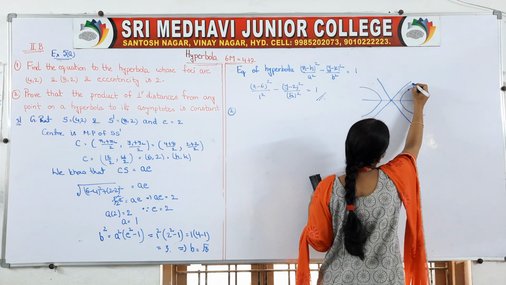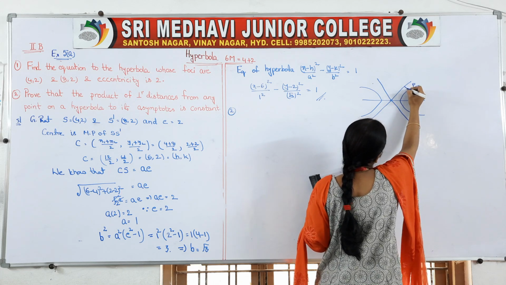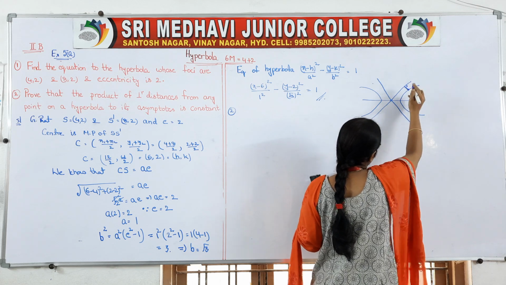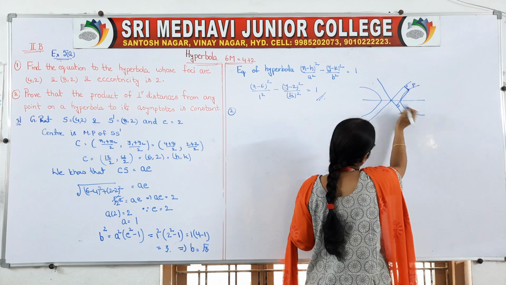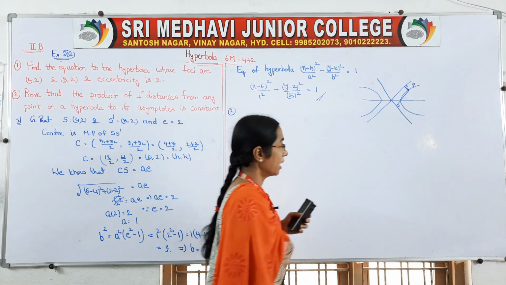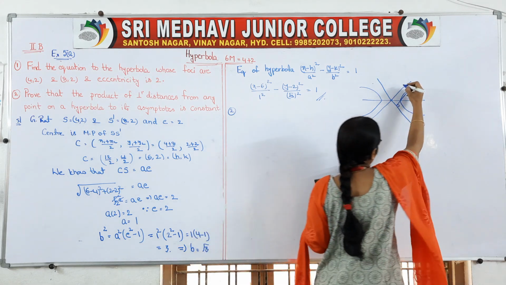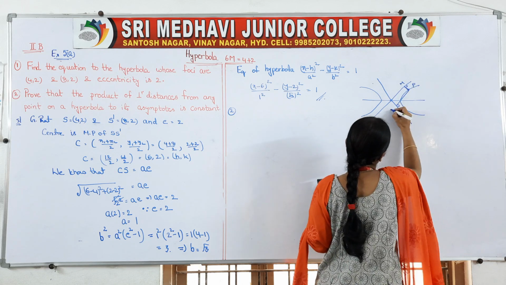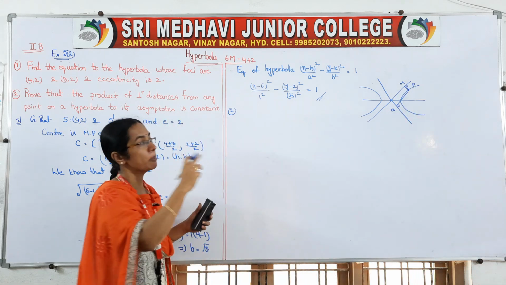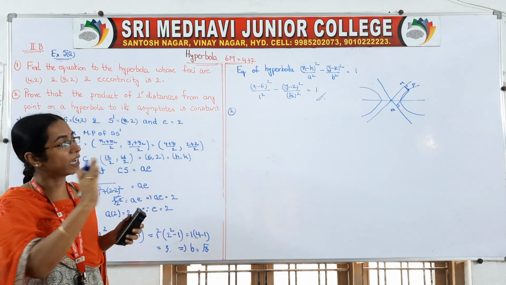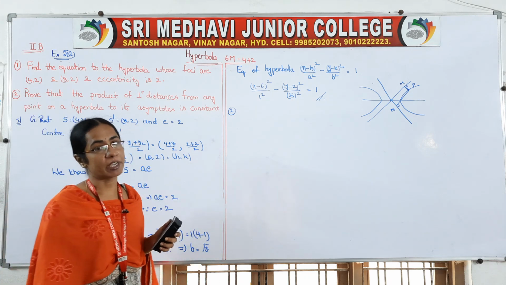Suppose this is your point P. From this, if you take the perpendicular to the first asymptote and the perpendicular to the second asymptote, this is your PM and this is your PN. The product of PM and PN is a constant. That is what we have to prove here.